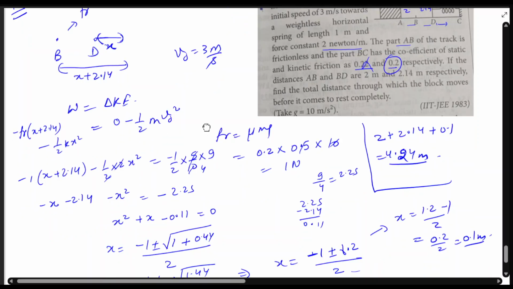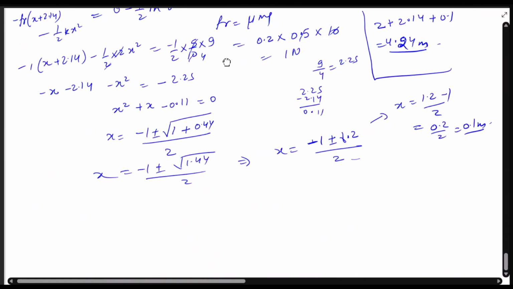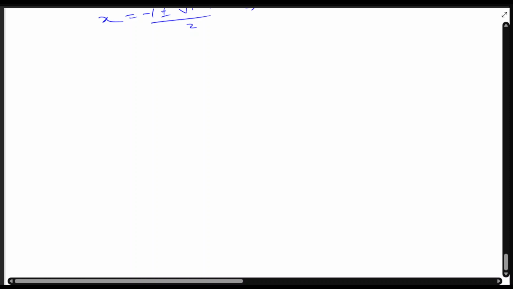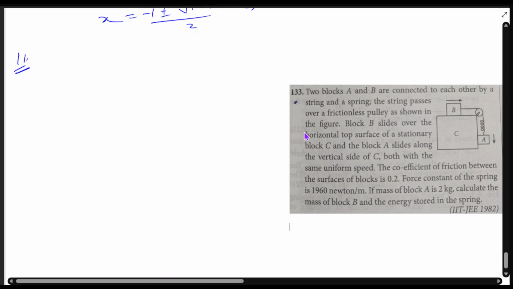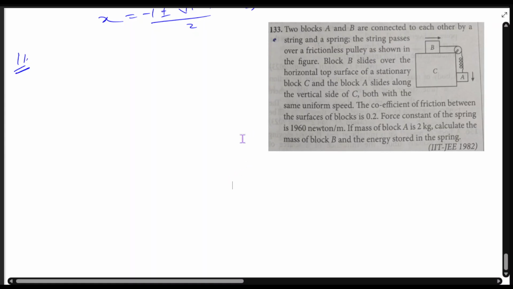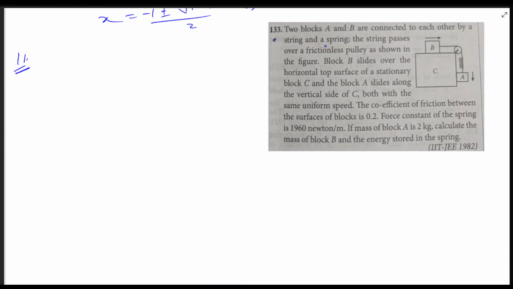Let's move on to the 11th question. So let's move on to our 11th question. Right. So we have two blocks connected by a spring, such that the string passes over this block B, which slides over the stationary one.